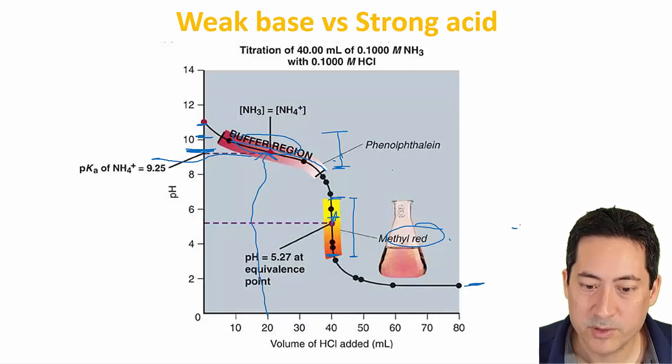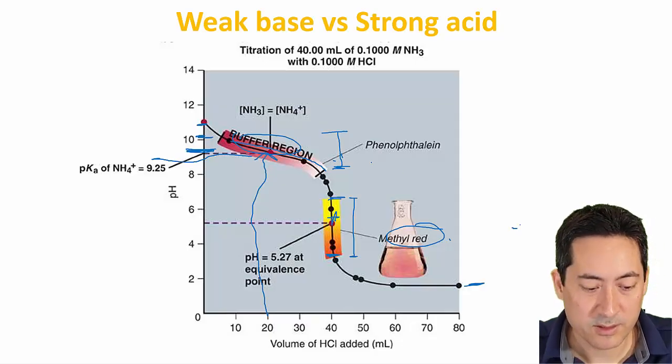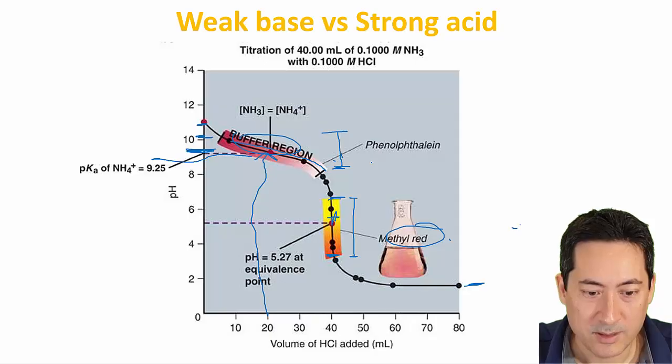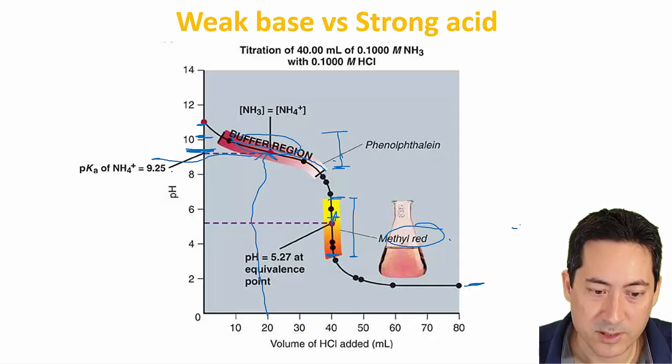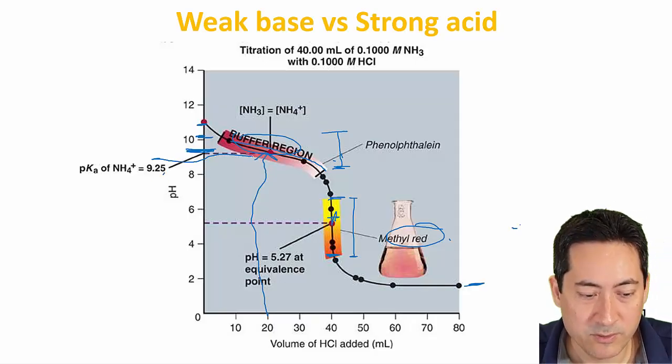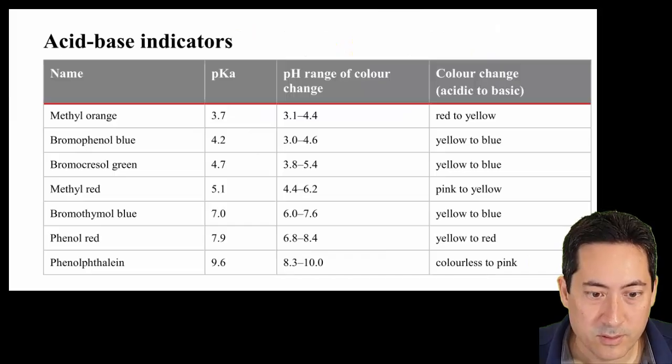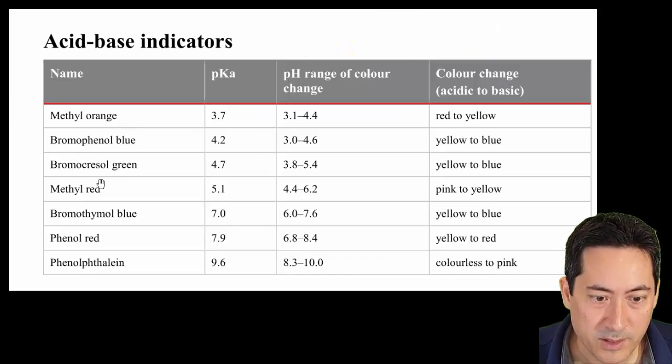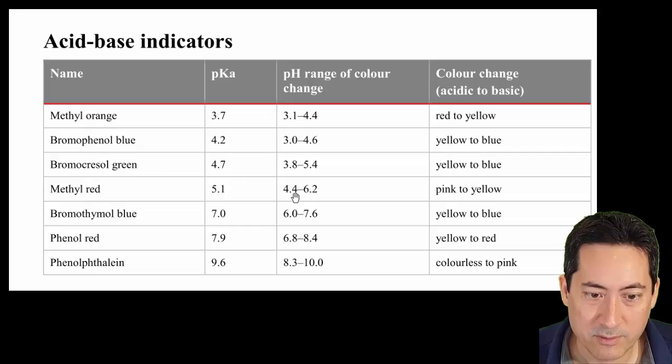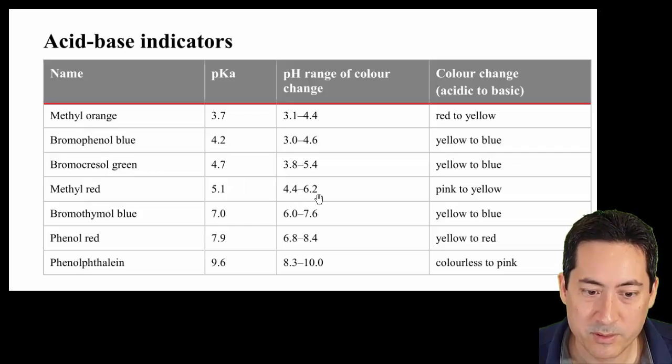And if we just jump to the data book, let's check that. So let's see if methyl red does have a pKa that's similar to 5.27. And so here we go, methyl red, 5.7, the range is 4.4 to 6.2, and so 5.7 is within that range, so methyl red will work.